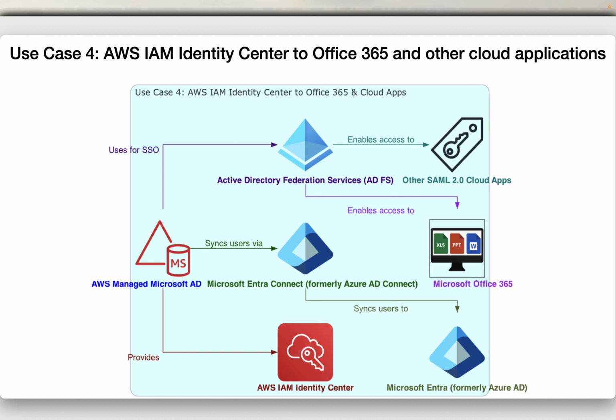And if you use this product, IAM Identity Center, which is integrated with your Microsoft Managed AD, then you can synchronize the users first from the Azure AD to the AWS managed AD, and once that is done, through IAM Identity Center you can provide single sign-on functionality to Office 365 and other cloud applications. So this will be the two-step process.